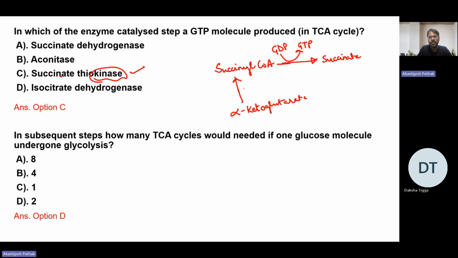In this step, you will get NADH, right? And when succinate is converted to fumarate, that is the step where FADH2 will be produced.